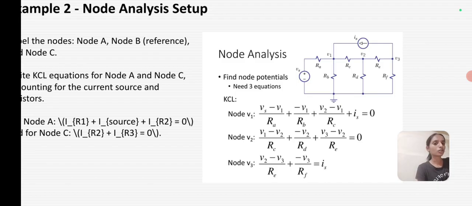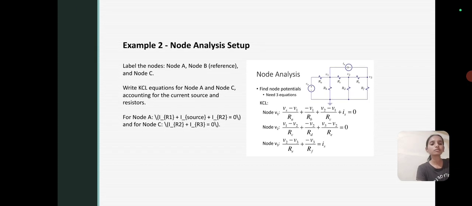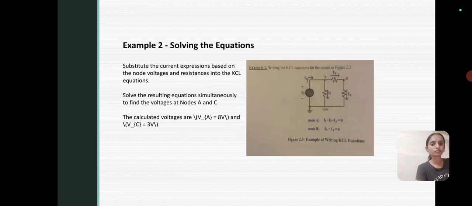In this circuit, we have to find out V1, V2 and V3. As of now, we don't have any values. We have written the equations, and now solving the equations. Then how we have to solve the equations of nodal analysis.